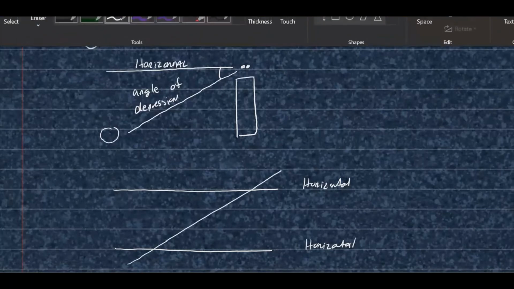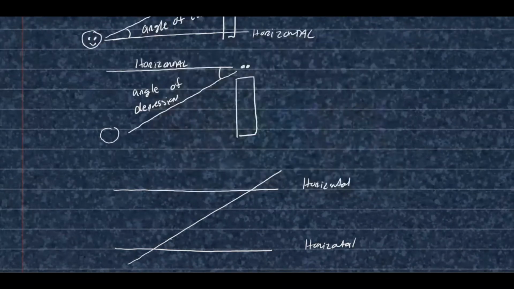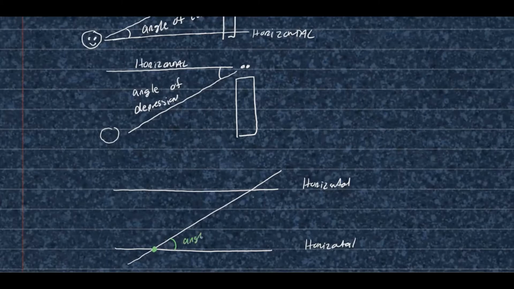From this picture, this angle is an angle of elevation, if we have an observer here looking upward toward something up here.